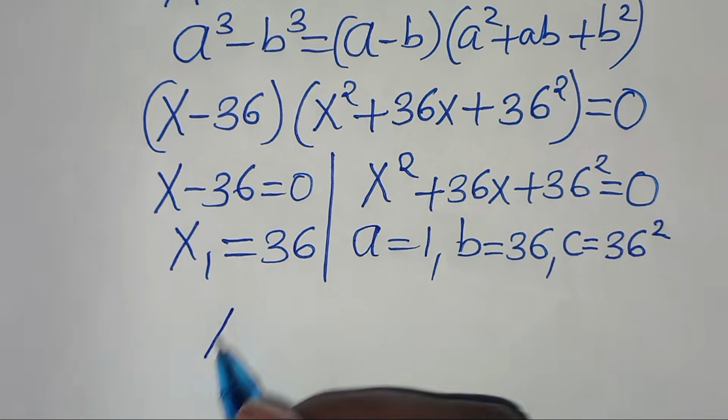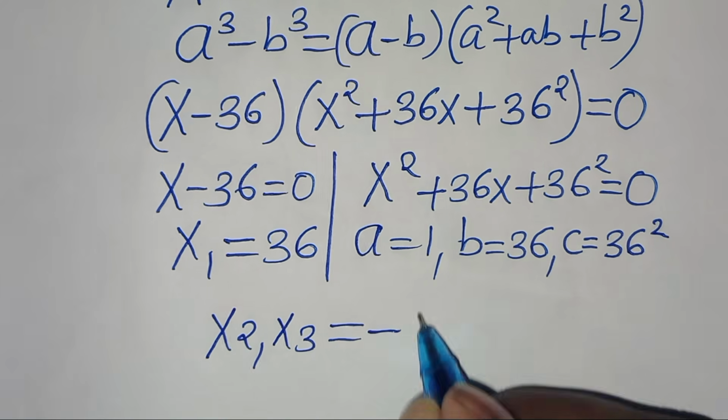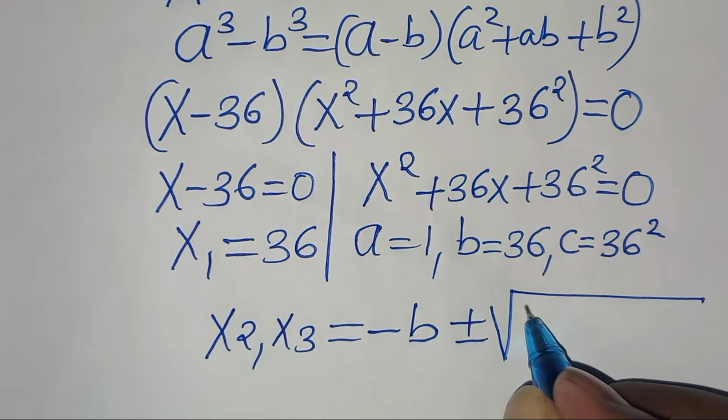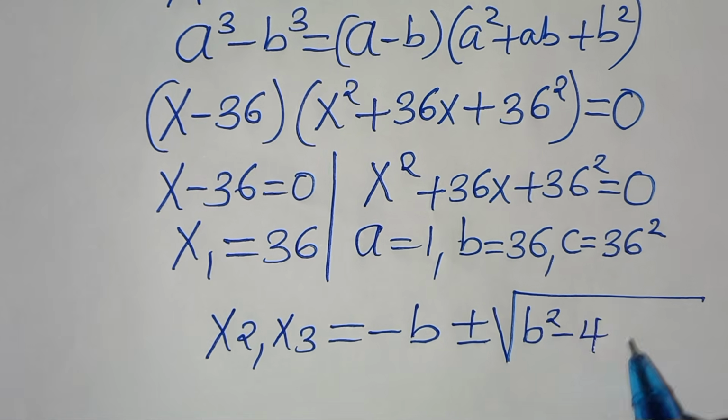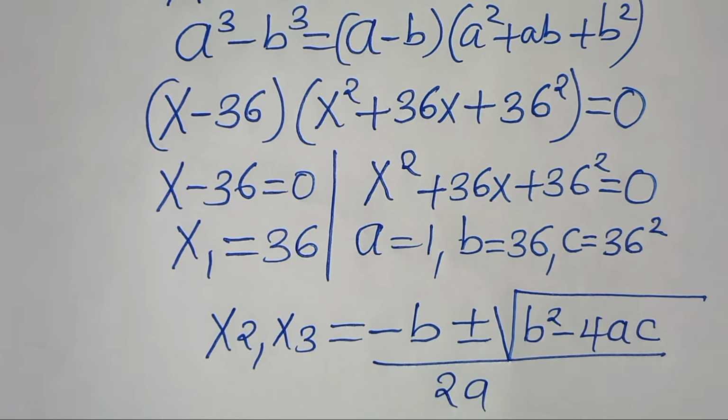Now we can solve for x2, x3 by applying the quadratic formula, which is minus b plus or minus the square root of b squared minus 4ac divided by 2 times a.